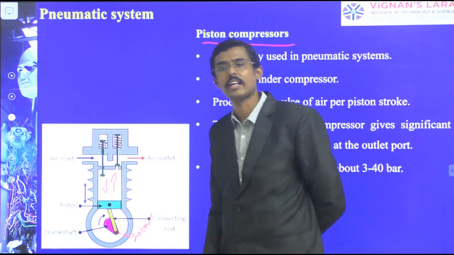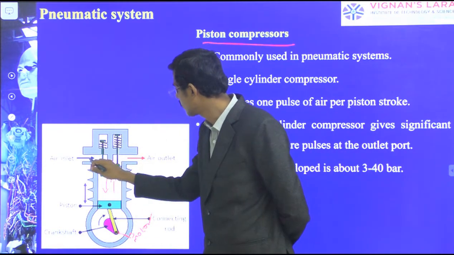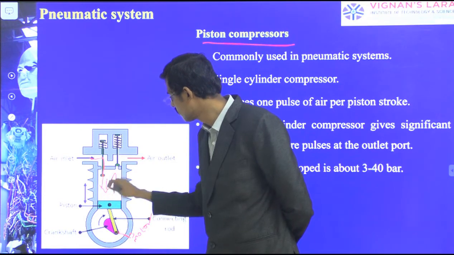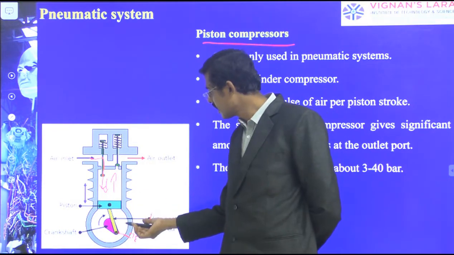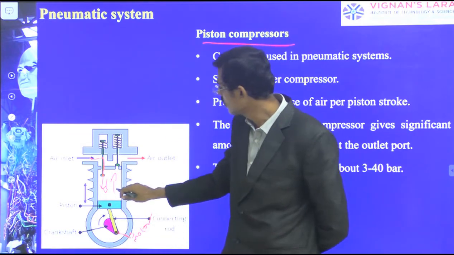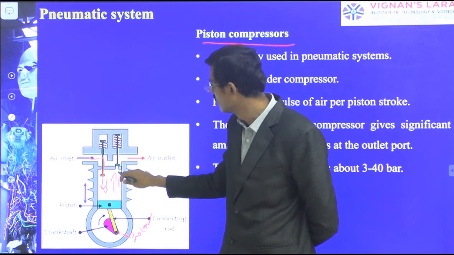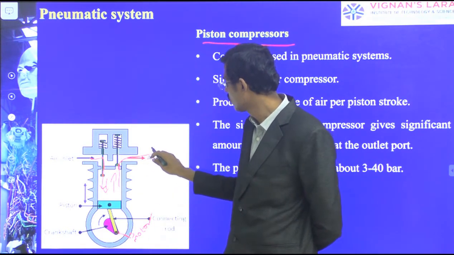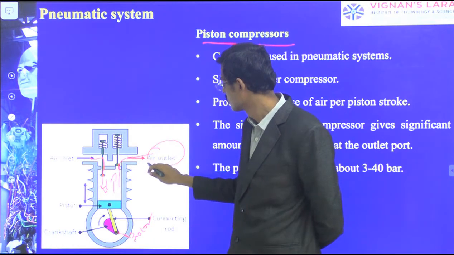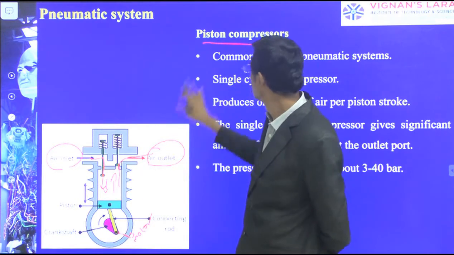During the coming down action, which is the first stage, it takes the inlet here. Then when it reciprocates in the upward direction, it pumps out with a high force, it opens the spring-returned valve, and the air comes out at the air outlet. A very simple method of a piston compressor.